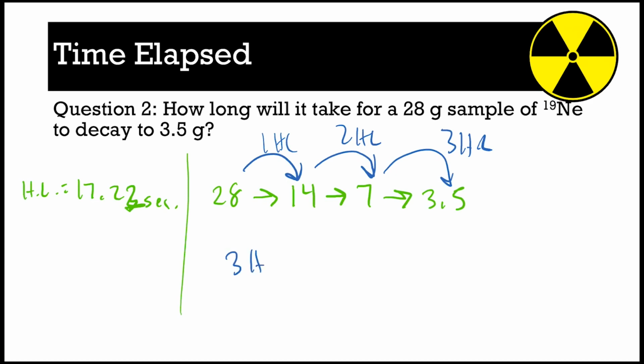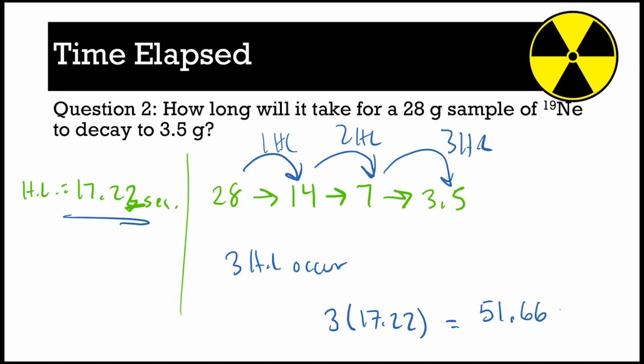So 3 half-lives occurred. We know one half-life is 17.22 seconds. So all you have to do is 3 times 17.22, and you get 51.66 seconds. And that's it. Compared to the other one, this one has a much shorter half-life.